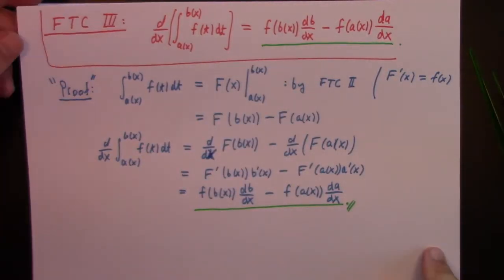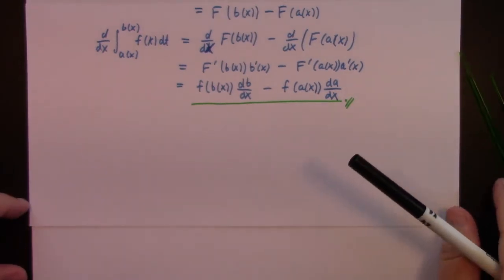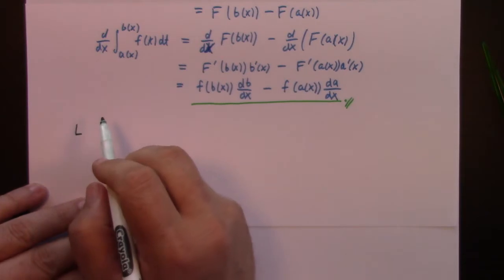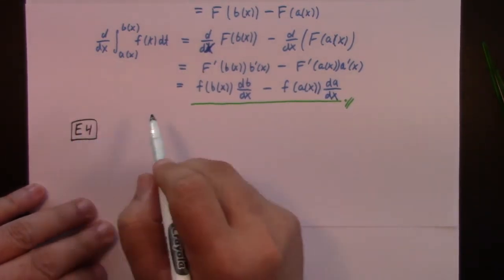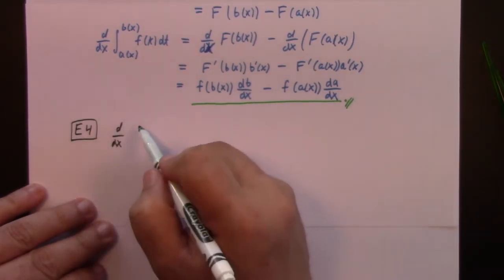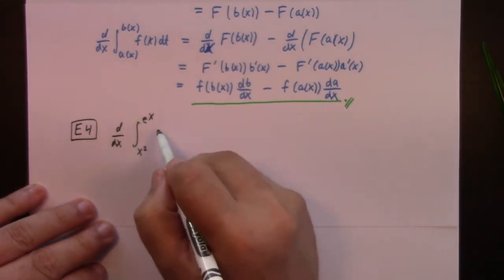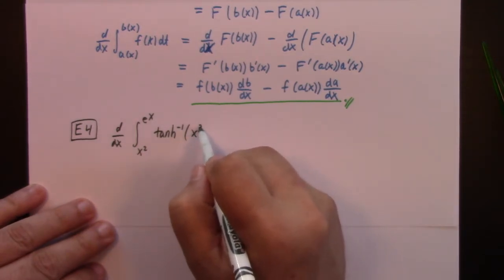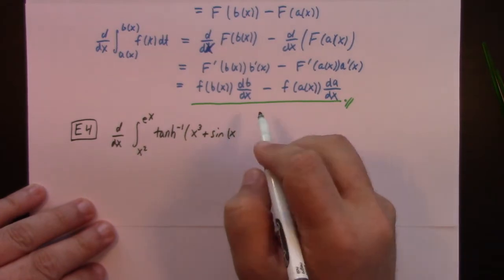Anyway, this comes up from time to time. Probably don't need it too much, but it's worth knowing. So just an example. I guess I'm on example 4 of this talk. Example 4: say I take the derivative of the integral from x squared to e to the x of the inverse hyperbolic tangent of t cubed plus the sine of t.